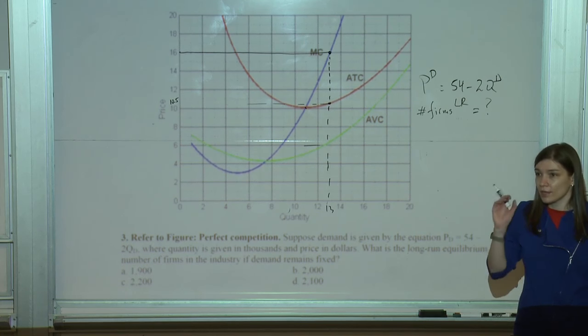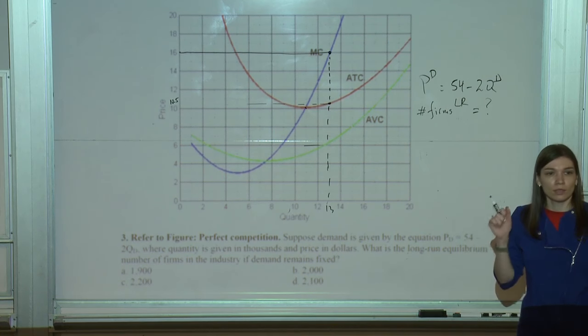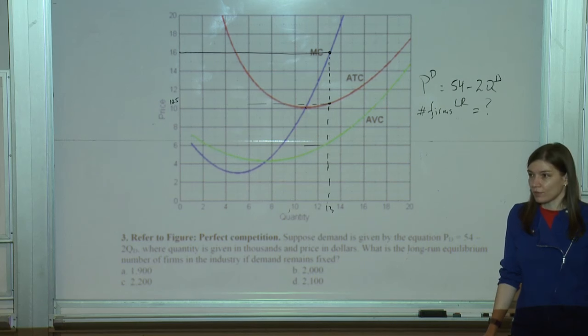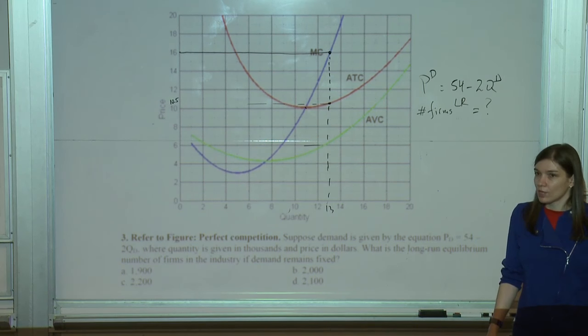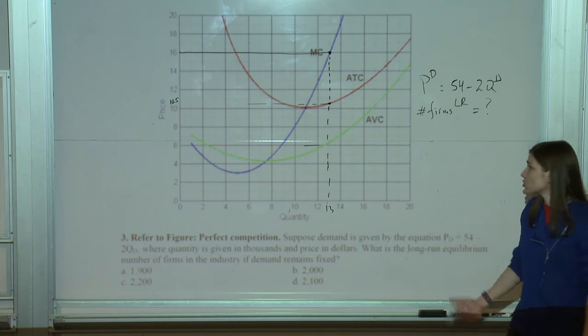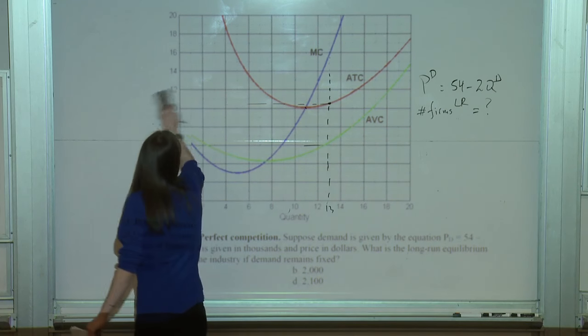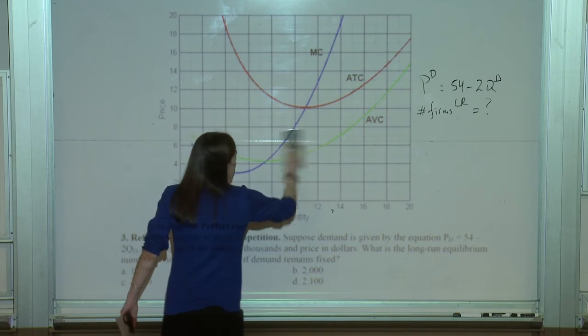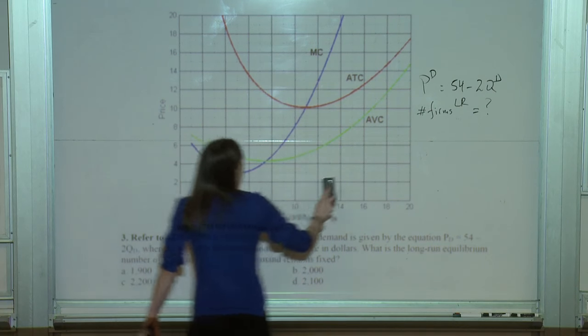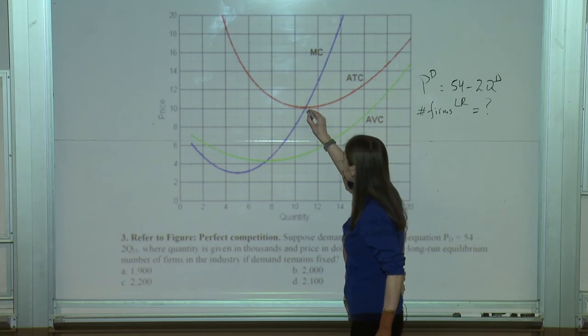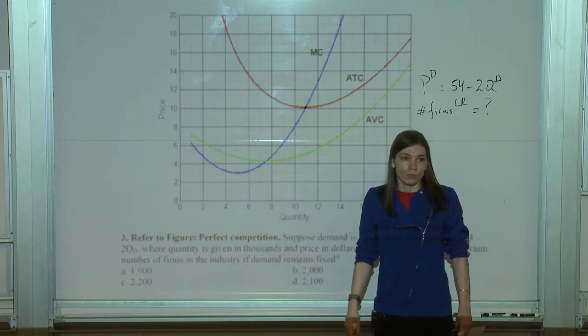All right? So we know that in perfect competition, in the long run, firms make zero profit. At what price would that happen? What's the price that's going to cause all firms to have zero profits? Right, the intersection between marginal cost and average total cost, or the minimum of average total cost. That's the break-even point that we talked about, right?